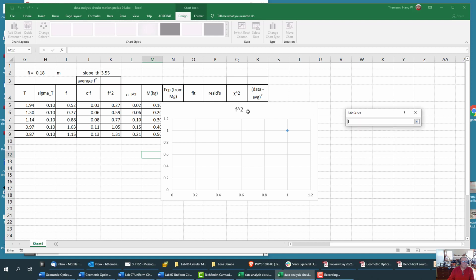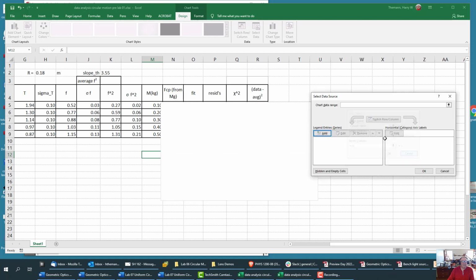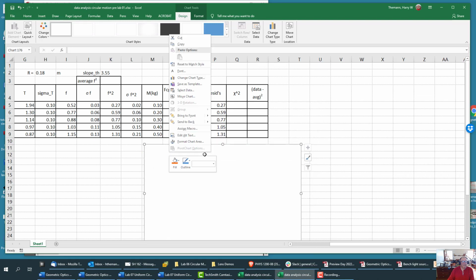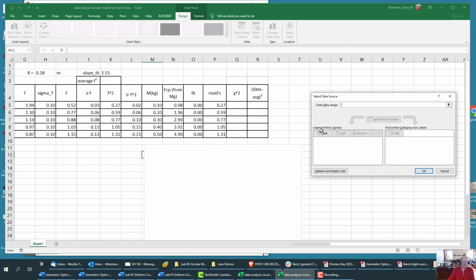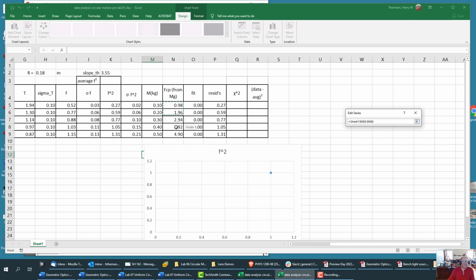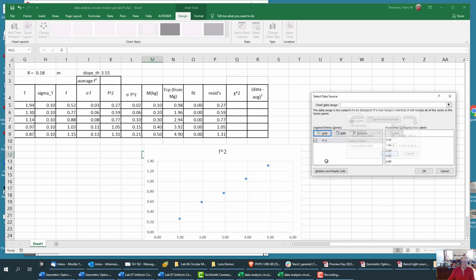And the x values are, and I can't move this out of the way, can I? So I'm going to have to cancel this and get this out of the way first. Okay, let's try again. Select data. Add, so this is the f squared, and then the x values are the FCPs, and the y values are the f squared. There we go.